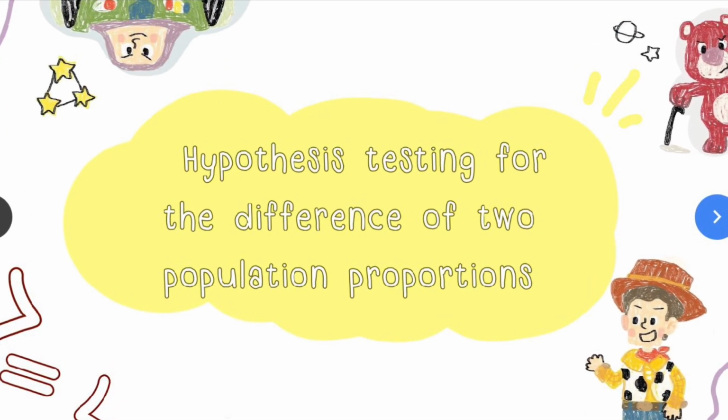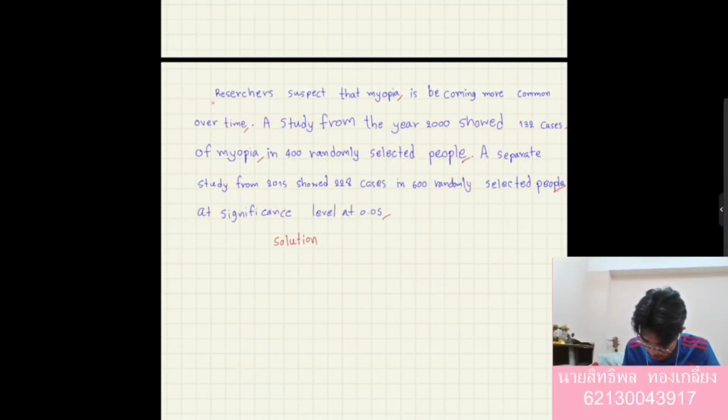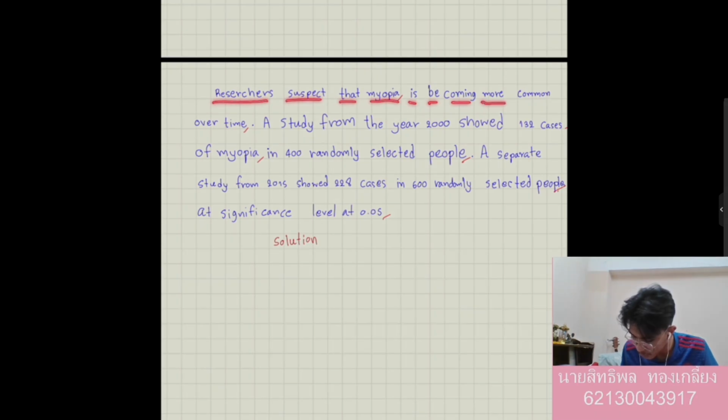Okay, researchers suspect that myopia is becoming more common over time. A study from the year 2000 showed 132 cases of myopia in 400 randomly selected people.